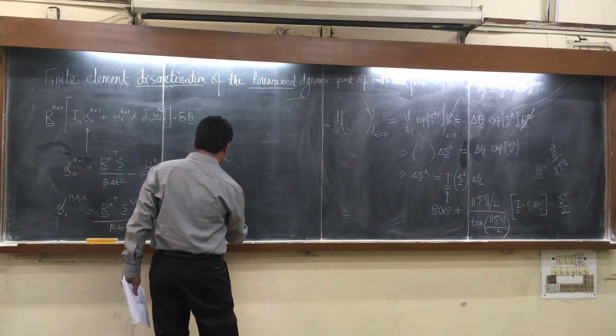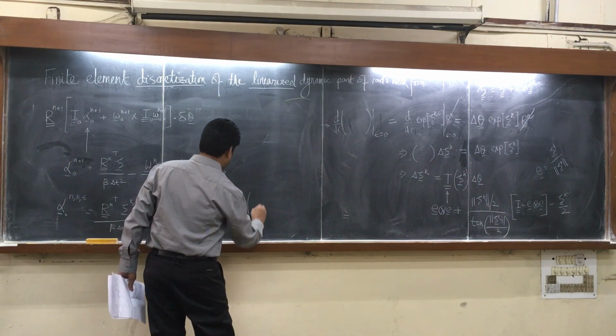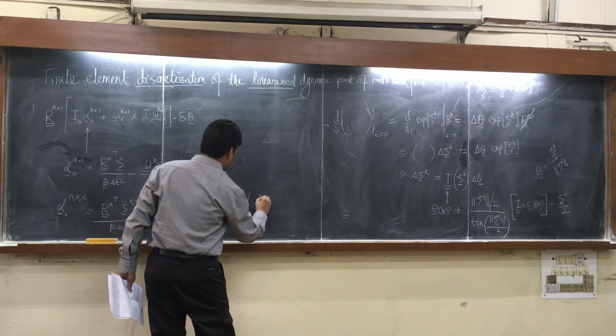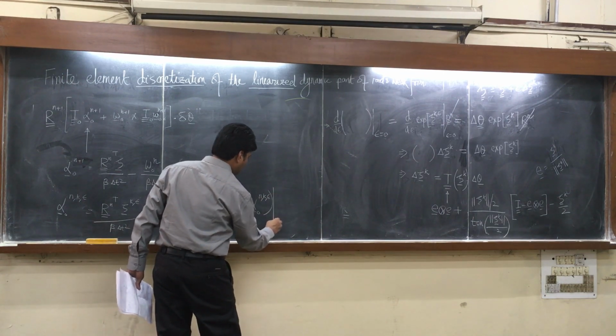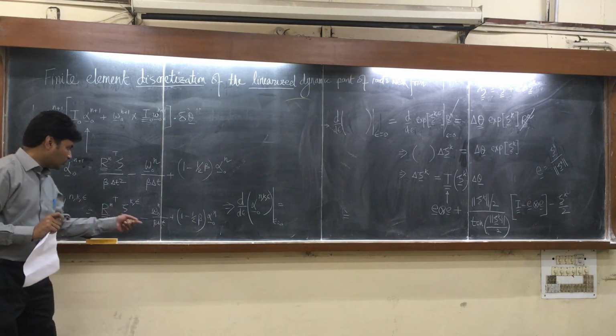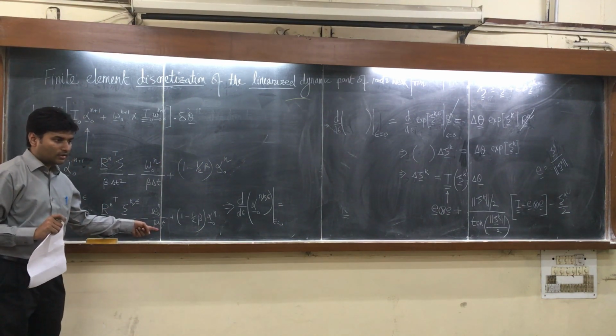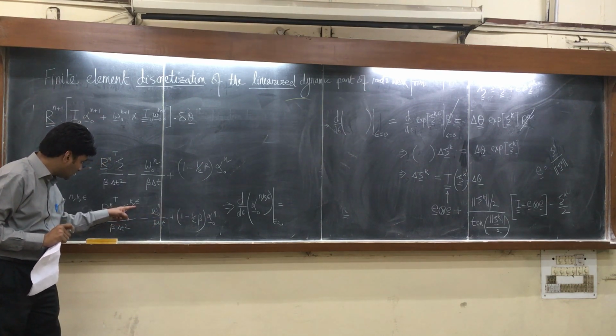So that means d by d epsilon of alpha naught at n comma k comma epsilon at epsilon equal to 0. What is that equal to? You see, this is constant. This does not change with epsilon. The epsilon changes only here.